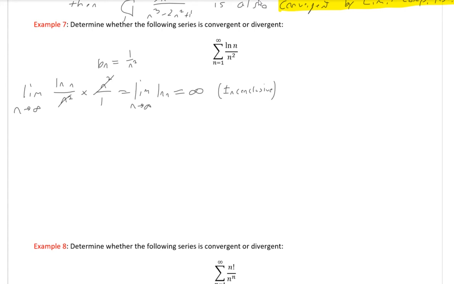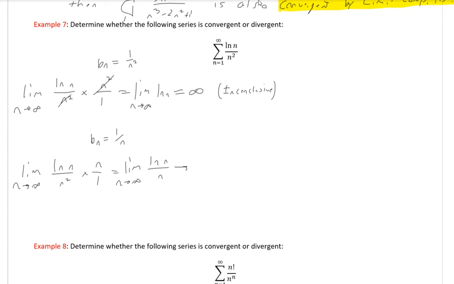Alright, well, maybe it's not convergent then. Maybe it's divergent. Let's use b sub n equals 1 over n and see what that does. The limit as n approaches infinity of natural log of n over n squared times n over 1 will give us the limit of natural log of n over n.